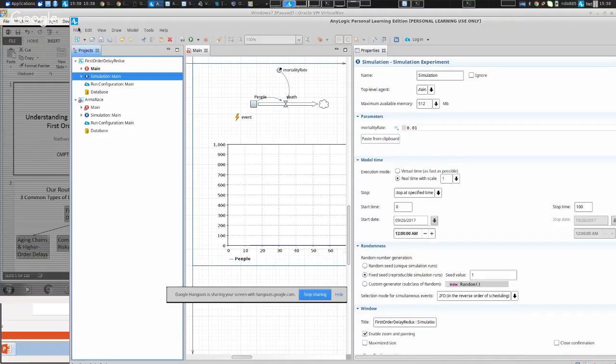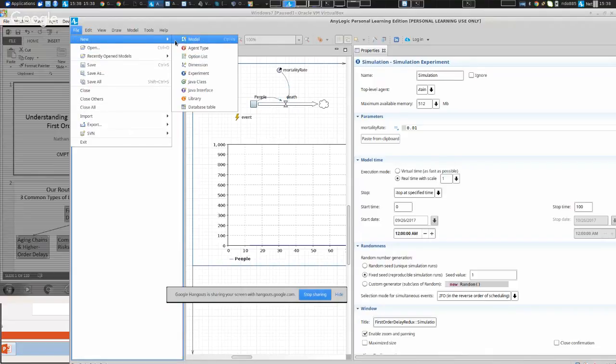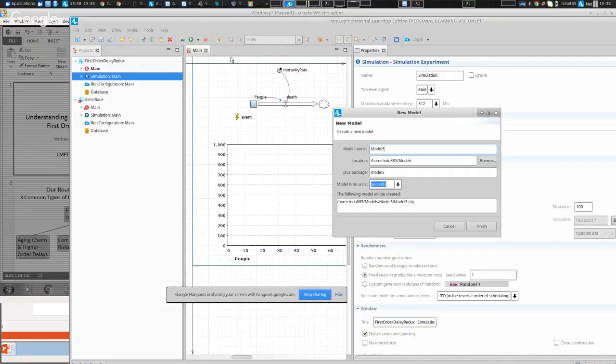The value of that flow is going to be governed by the difference between the target and the value of the stock. So I'm going to say new model. Here we go. And this is going to be called target following first order delay. Okay, there we go. And its time units will be years.